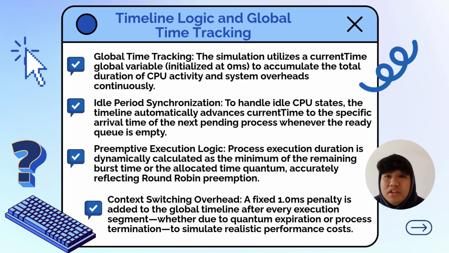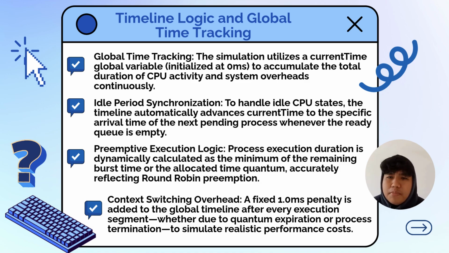The timeline automatically advances current time to the specific arrival time of the next pending process whenever the ready queue is empty. For the actual process, we use preemptive execution logic. We calculate the execution time as the minimum of the remaining burst time and the time quantum, accurately reflecting round robin progression.